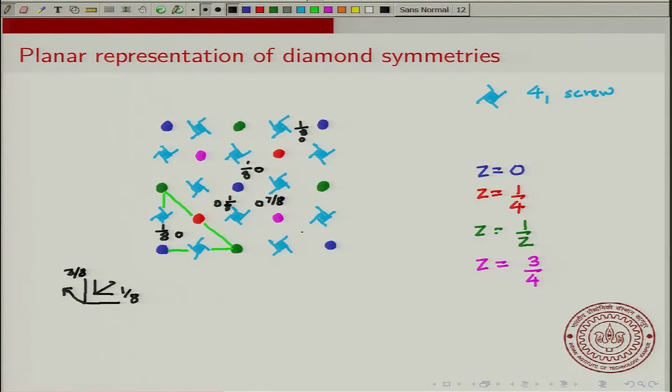Similarly, there will be an inversion center here at 7/8. There will be inversion centers located here and here, and similarly here and here. These will be at a distance of 3/8, and these will be located at a distance of 5/8.